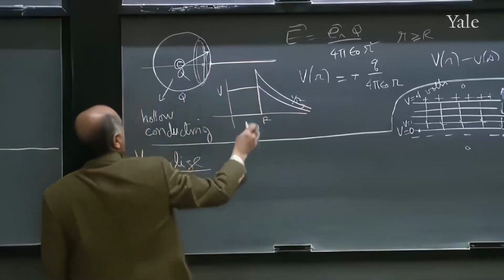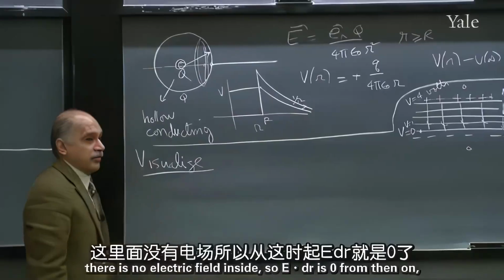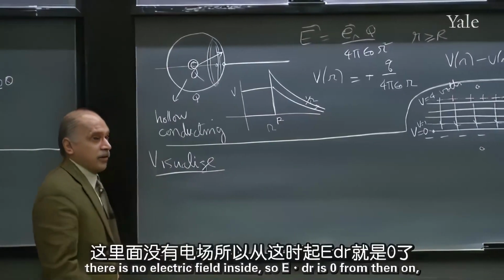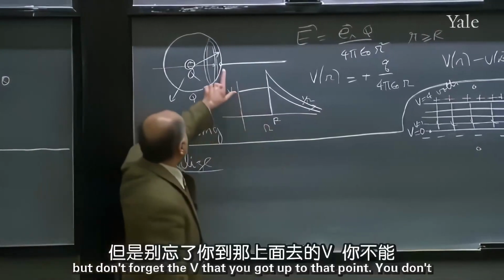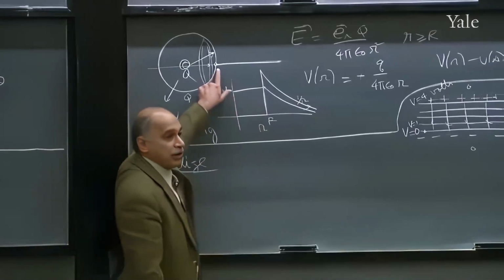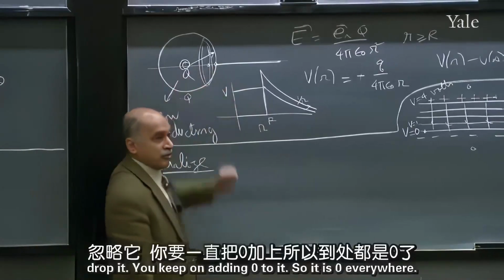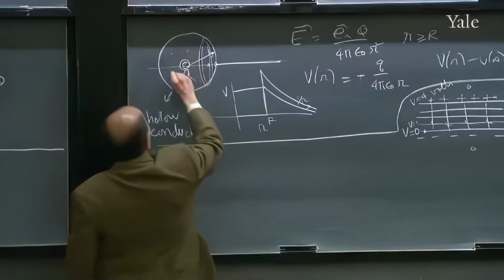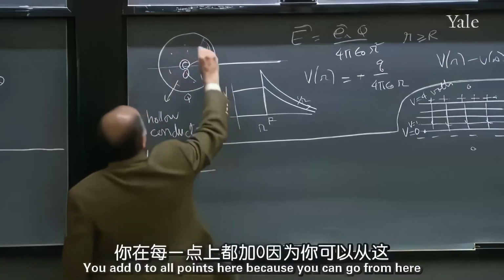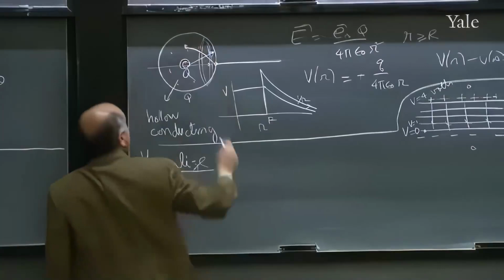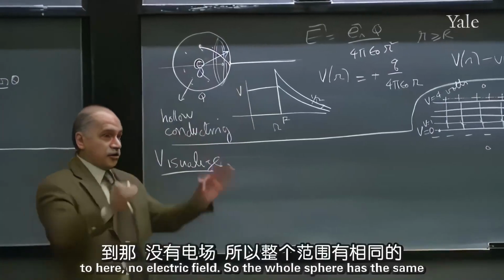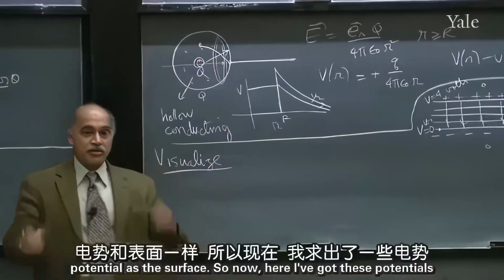Once I'm in here, there is no electric field inside. So E dot dr is 0 from then on. But don't forget the V that you got up to that point. You don't drop it. You keep on adding 0 to it. So it is 0 everywhere. You add 0 to all points here because you can go from here to here, no electric field. So the whole sphere has the same potential as the surface.